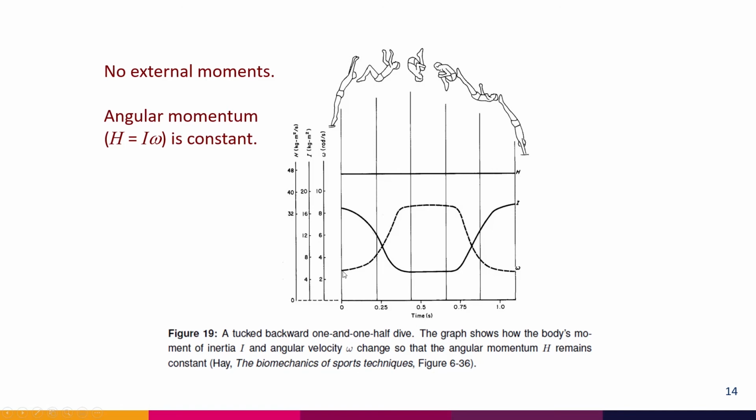So it starts out at a low rate of spinning. When the diver is tucked, he's spinning quite fast. And then as he extends the body out, his rate of spin slows down. So by changing his I in the dive, he's changed also the omega.